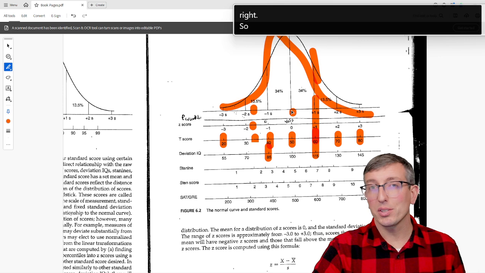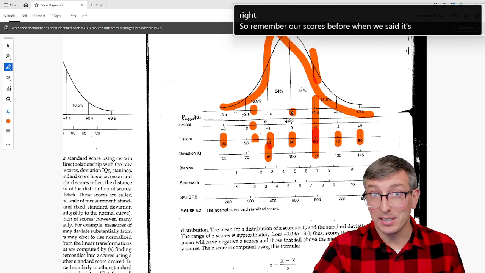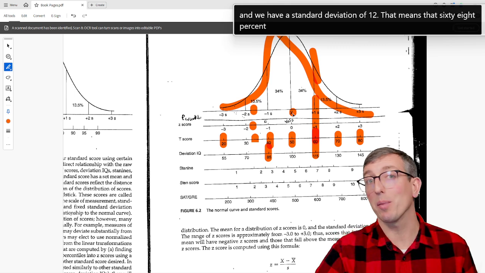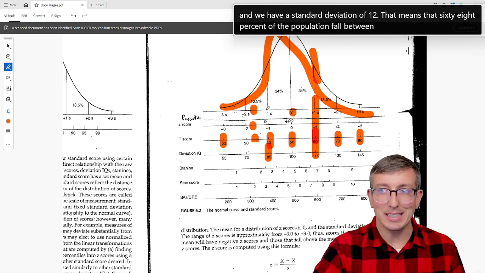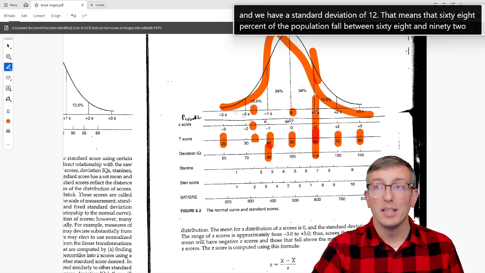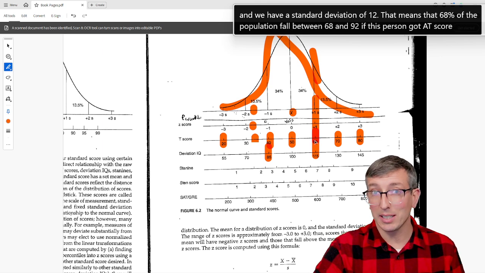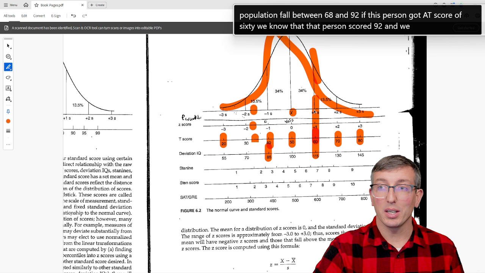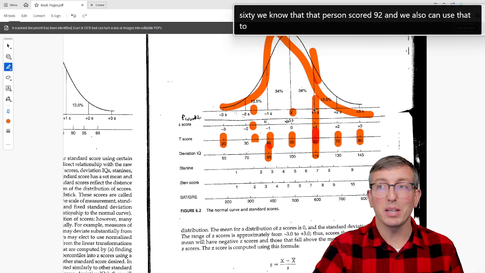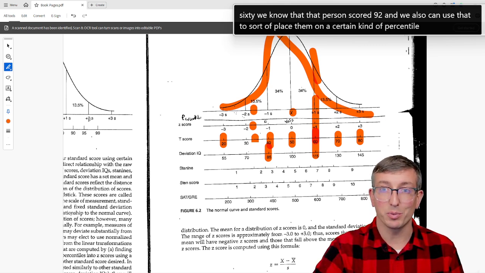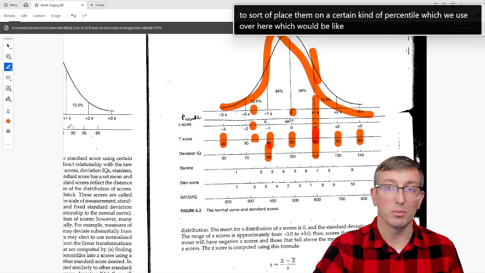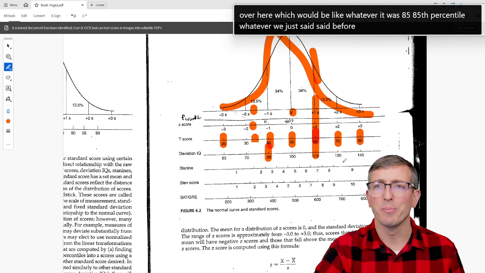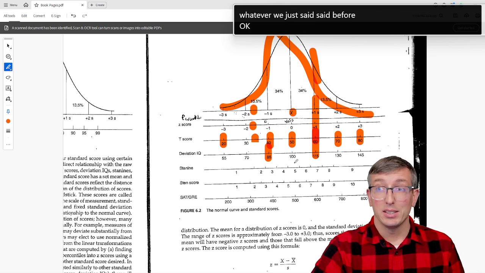So remember our scores before when we said if 80 is the mean and we have a standard deviation of 12, that means that 68% of the population fall between 68 and 92. If this person got a t-score of 60, we know that that person scored 92, and we also can use that to place them on a certain kind of percentile, which we use over here, which would be like whatever it was, 85th percentile, whatever we just said before. Okay.